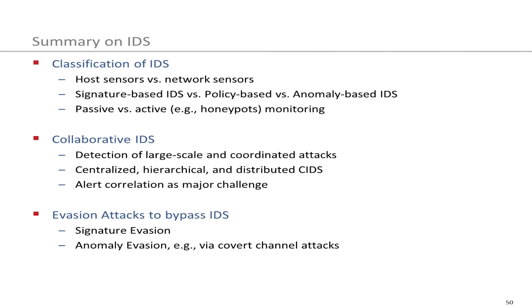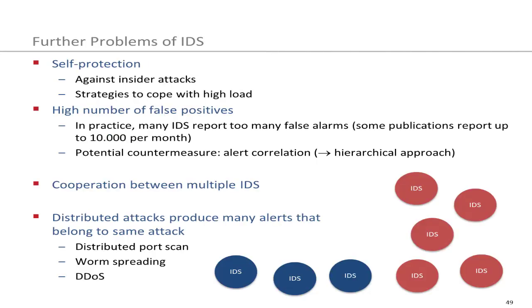That's really tiring, and that's also not efficient anymore because you can't handle all these alerts. Of course, there are again countermeasures: based on the intrusion detection, you can do alert correlation. That's the next step. You then correlate alerts together and make sets of them in a clustered way. But that's not really covered here.